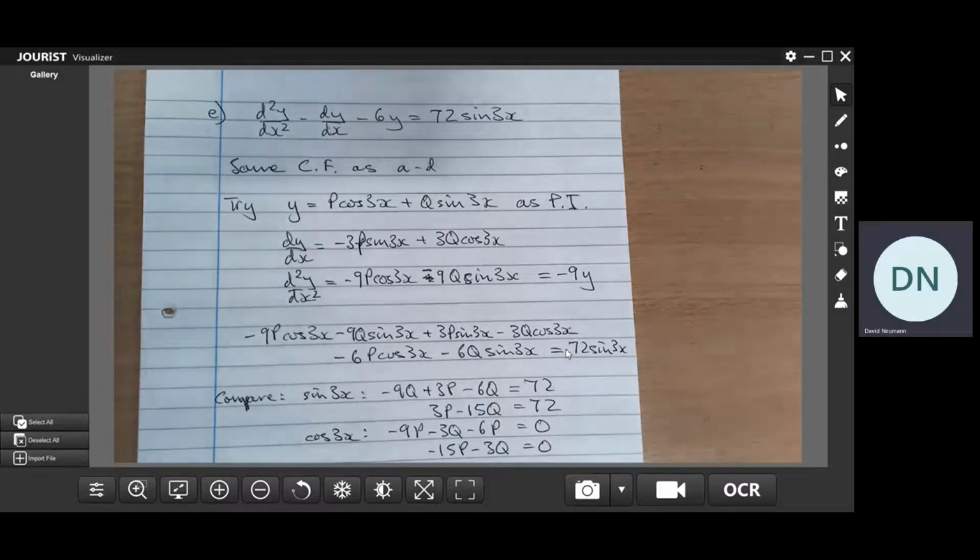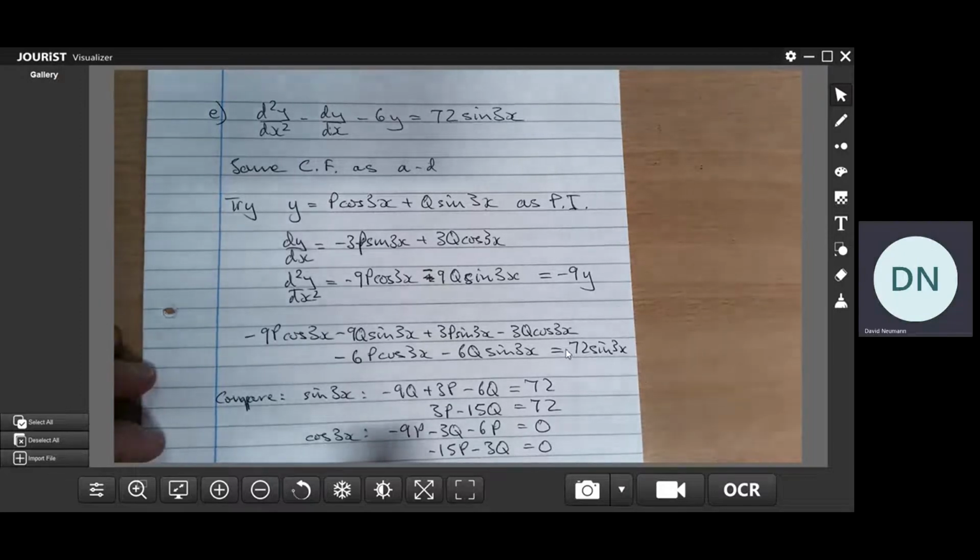p minus 5q equals 24 is what I should have here. That's what I've done wrong.